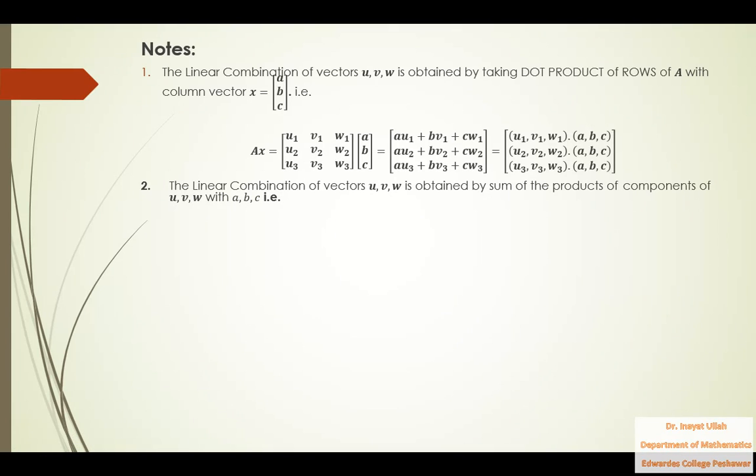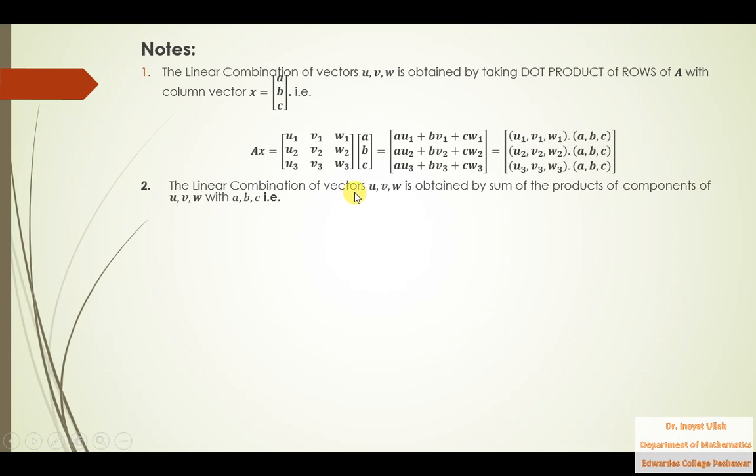Similarly, the linear combination of vectors u, v, w. What is the linear combination of three vectors? au plus bv plus cw. That is the linear combination of these three vectors. This is obtained by the sum of products of components of u, v, w with a, b, c. What does this statement mean?